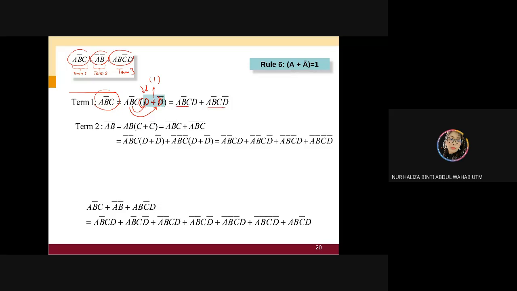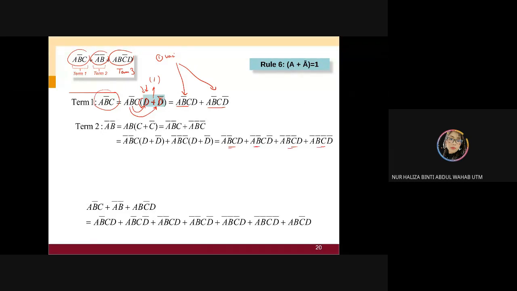I already mentioned that if you are missing one variable, you're going to get 2 product terms. If you are missing 2 variables, you're going to get 4 product terms.